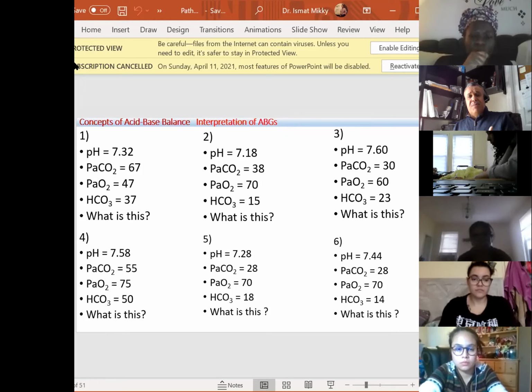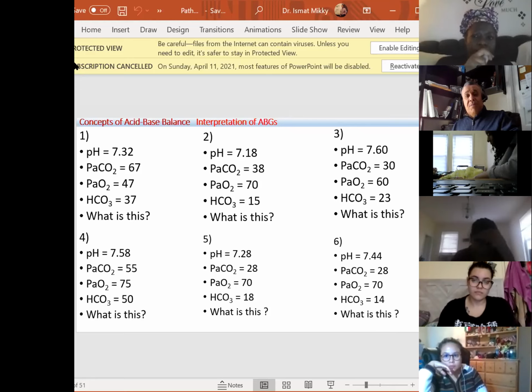So what would we expect or anticipate the lungs to do to fix the acidosis from the kidneys, like metabolic acidosis? Now the non-matching component, which is the lungs, is supposed to do something to fix it. Hyperventilate, to compensate. Yes, excellent. Hyperventilate to blow off the CO2.